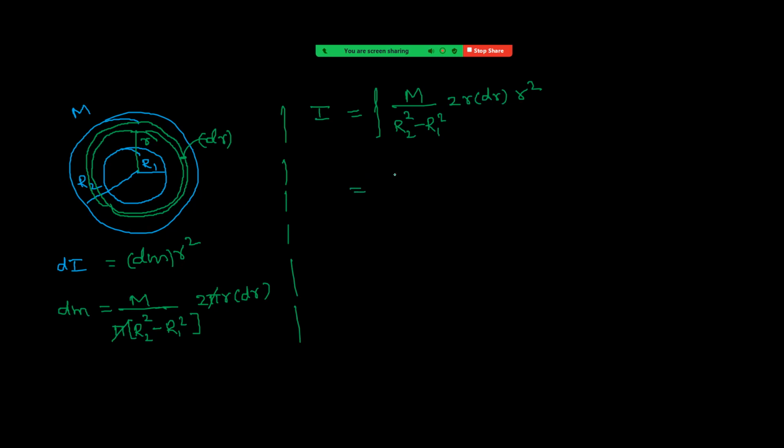Okay, so you can take constants outside. That is 2M upon r2 square minus r1 square. The remaining is now r and r square, r cube dr.